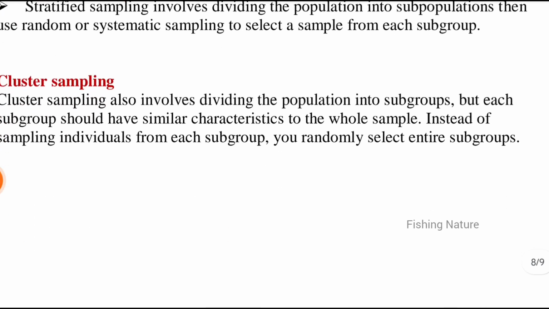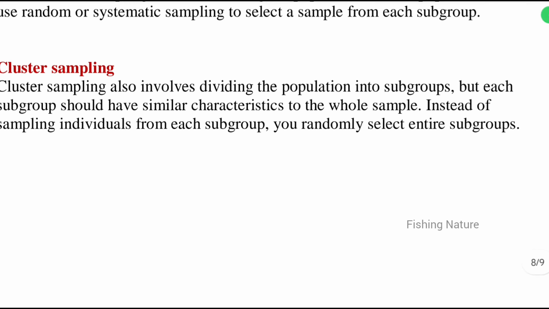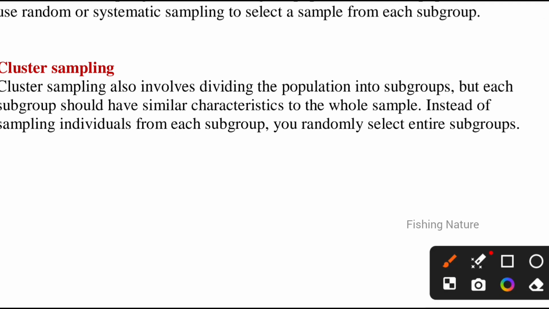Now, cluster sampling also involves dividing the population into subgroups, but each subgroup should have characteristics similar to the whole sample. Instead of sampling individuals from each subgroup, you randomly select entire subgroups. Selecting entire subgroups is called cluster sampling.